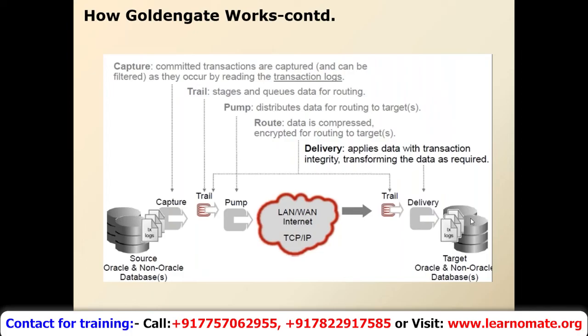Once the data is available in the local trail, the data pump process reads it, sends it over the TCP/IP network, and writes it to trail files on the target machine. Trail files on the source are called local trail, and trail files on the target server are called remote trail files. Once the data is available in the remote trail, the replicate process reads it and applies it to the target database.